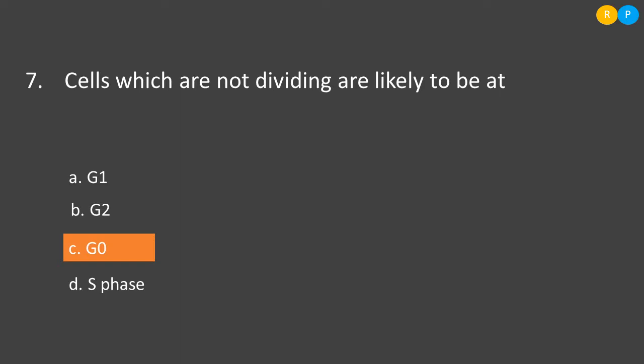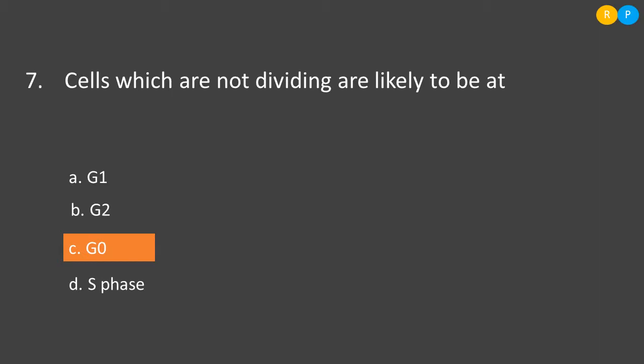But some cells, when they are not undergoing cell division, instead of entering the G1 phase, enter the G0 phase. The G0 phase is called the quiescent phase. When a cell enters the G0 phase, cell division does not occur. So the correct answer is option C, G0.